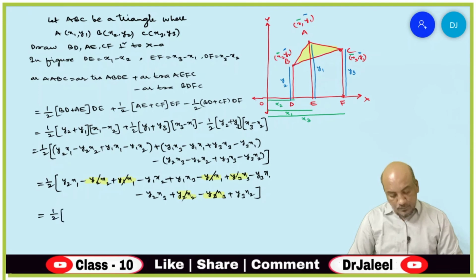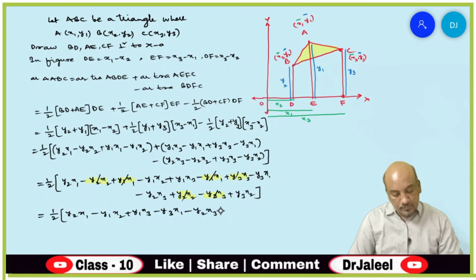1 by 2 [y2 x1 minus y1 x2 plus y1 x3 minus y3 x1 minus y2 x3 plus y3 x2].